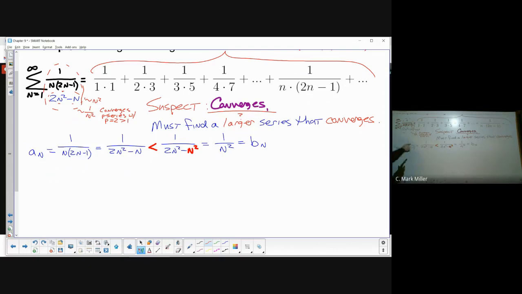If I would have knocked that n off, that would have been this. But showing that converges doesn't help us because it's showing that a smaller series converges. I need a bigger series.